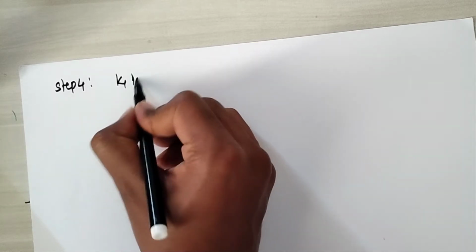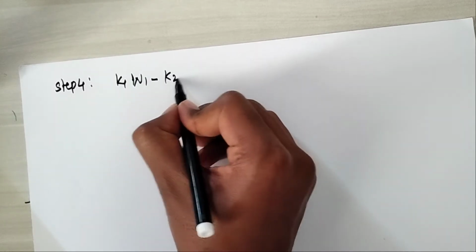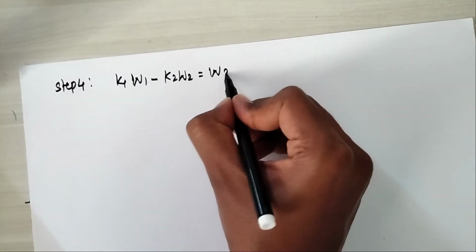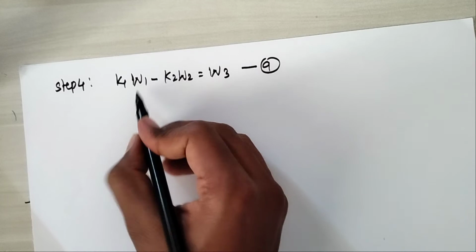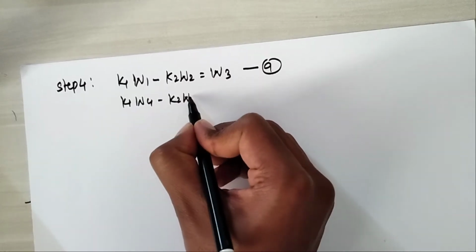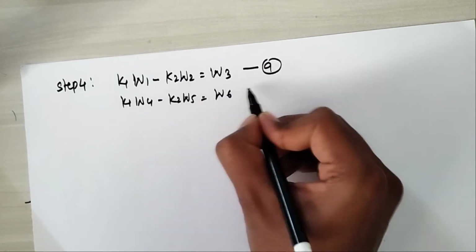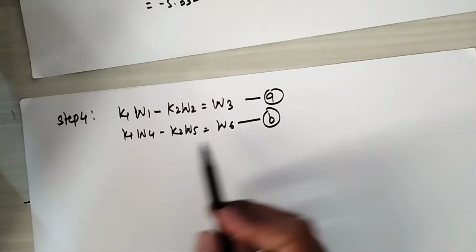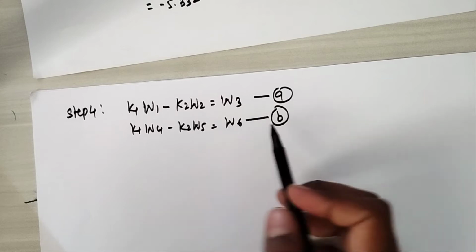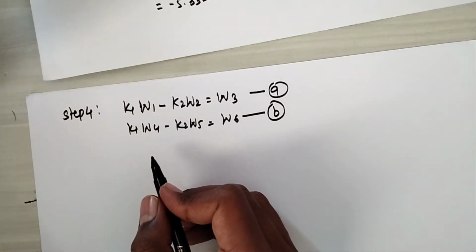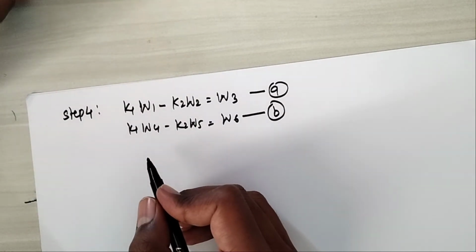It is K1 W1 minus K2 W2 is equal to W3, that's equation number A, and then K1 W4 minus K2 W5 is equal to W6, that's equation number B. Therefore, now I know the values of W1 to W6. So if we solve these two equations A and B, we know how to solve this.